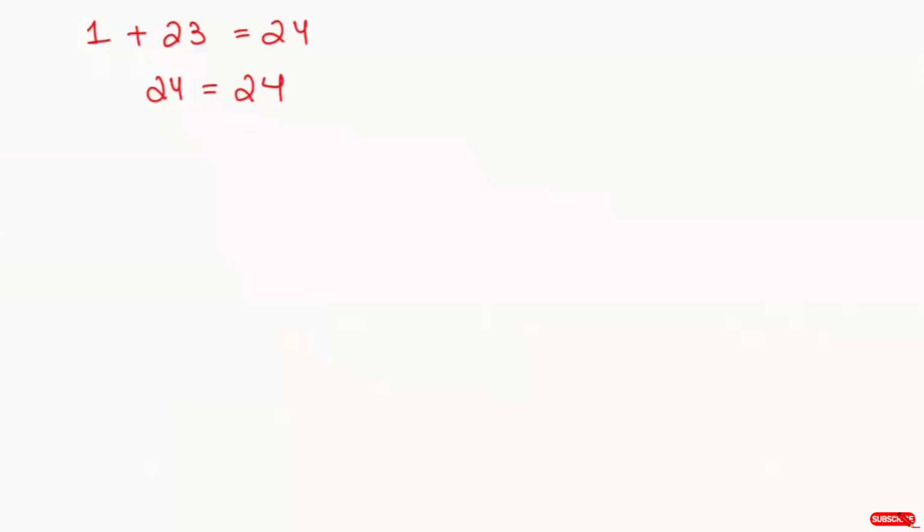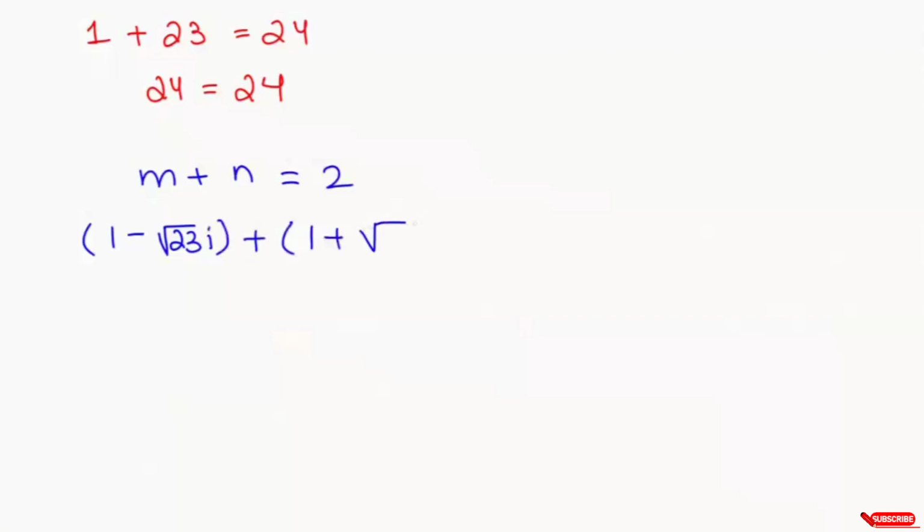Now I'm going to verify m2 and n2 value by using equation 1 here. m2 here I'm going to take, that is 1 minus root of 23 iota plus 1 plus root of 23 iota is equals to 2.